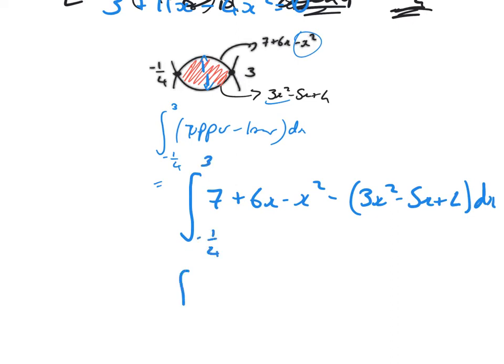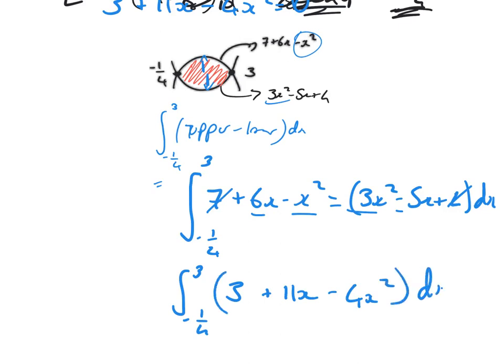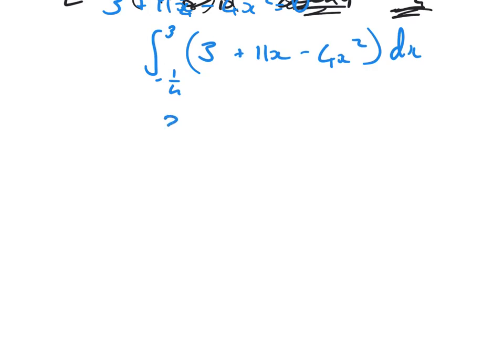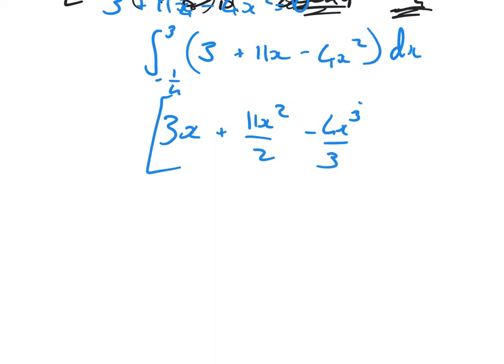Okay, so let's tidy that up. 7 minus 4 will be 3, 6x minus 5x is plus 11x, and minus x squared minus 3x squared is minus 4x squared, and I'm integrating that. Okay, so integrate 3 becomes 3x, 11x squared over 2 minus 4x cubed over 3 between 3 and minus 1 quarter.